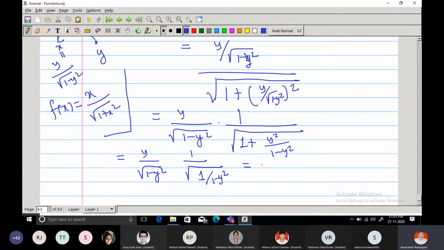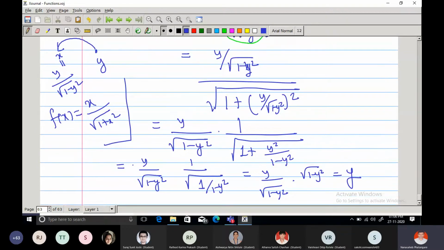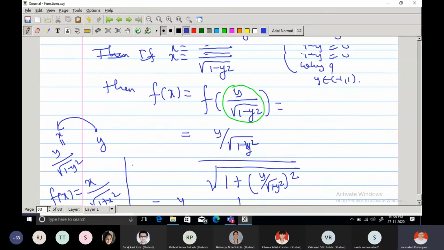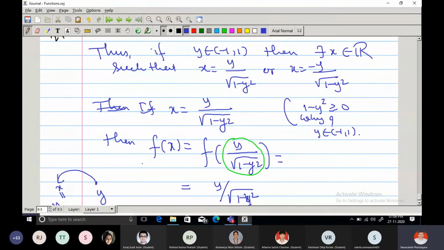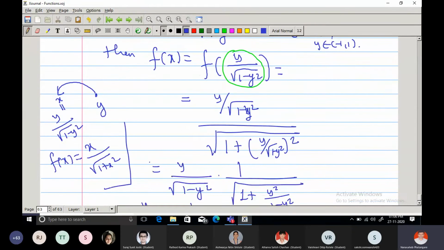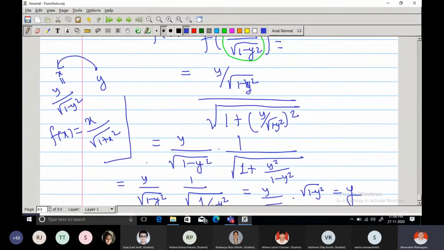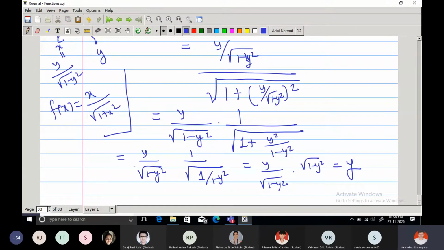So y upon square root of 1 minus y square into square root of 1 minus y square, which is y. Correct? Therefore the preimage which we have obtained, x equal to y upon square root of 1 minus y square, is actually the preimage of y, because if we apply the function on this preimage, we get back y. So x is the correct preimage.